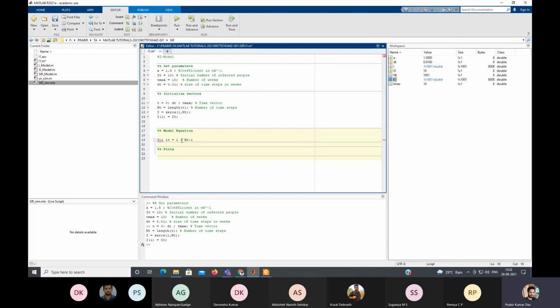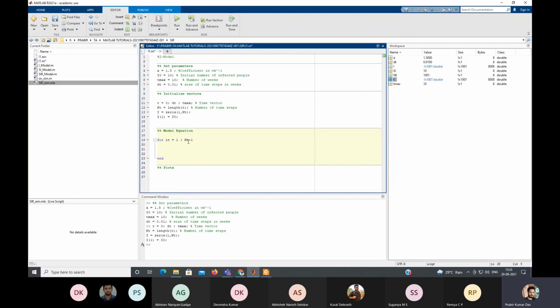Why did I not take nt? Just now I showed you this t vector, but the first value of t is already initialized. That is why we have to see the number of steps here. For the number of steps, it is nt minus 1.